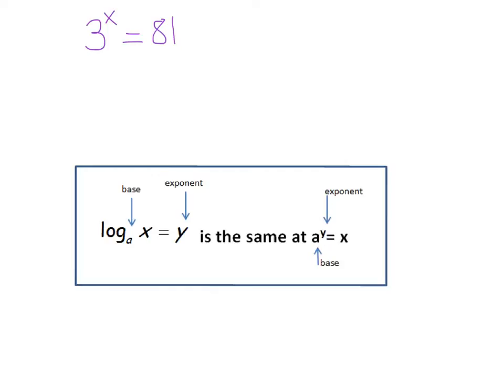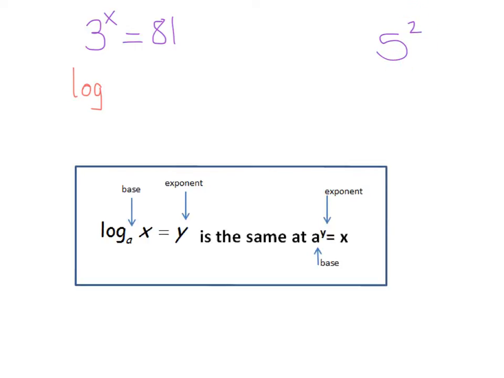So 3 to the x power equals 81 can be rewritten as a log by, well, we start by writing the word log. And then we always write the base for the log, and we need to write the base right here. Now the base, if you think back to when you learned about power rules or exponent situations, this was the base, 5 is the base, and 2 is the exponent for this power, right?